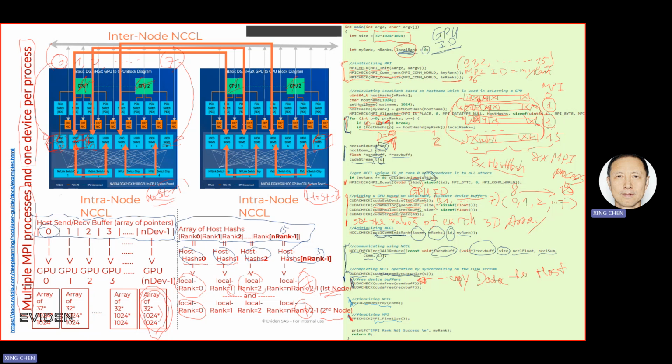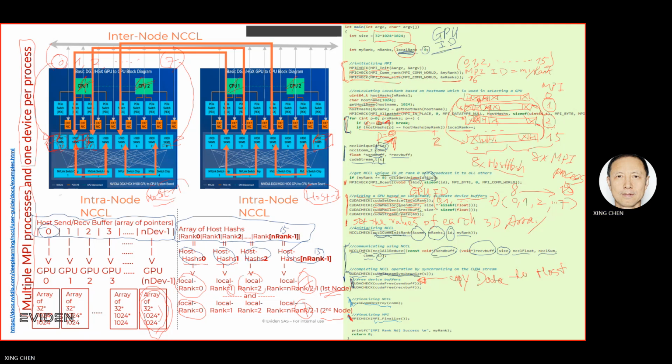As said by Nvidia, NCCL is complementary to the MPI library because NCCL mainly deals with collective GPU communications and MPI does communications between the hosts. And sometimes the MPI library can also help deal with communications between the GPUs because NCCL doesn't deal with point-to-point communications. It deals only with collective communications.